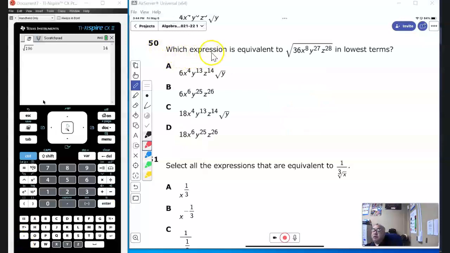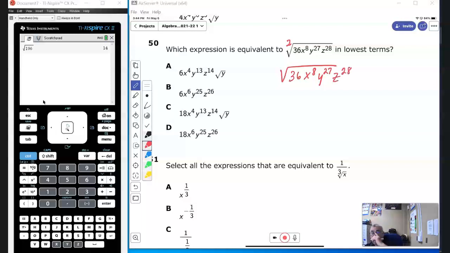50. Which expression is equivalent to this in lowest terms? Now we know that the square root of 36 is 6. We know that 8 is divisible by 2. But the power 27 isn't divisible by 2. Now we do know that 28 is divisible by 2.